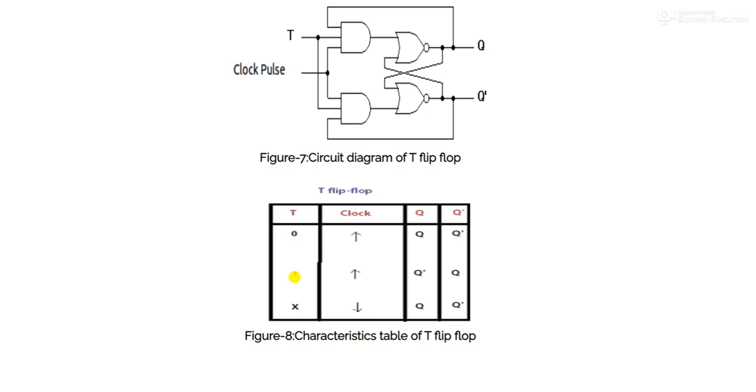So if T equal to 1, your clock is high, so there is a toggle between the outputs. If your output was Q, then your next output will be Q bar, and for Q bar output, your next output will be Q.